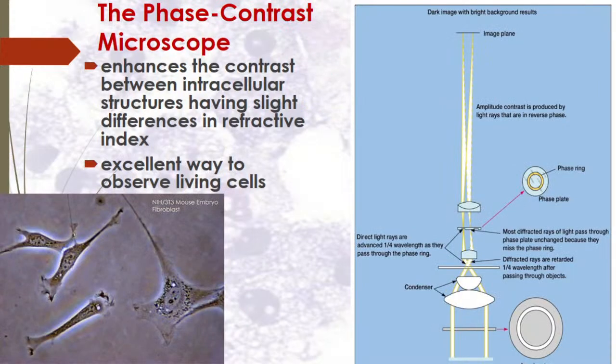Okay, the phase contrast microscope enhances the contrast between intracellular structures having slight differences in refractive index of the light, and of course, an excellent way to observe living cells also. Look, what is this? It is the result of diffraction, rays retarded by one quarter wavelength after passing through the object.